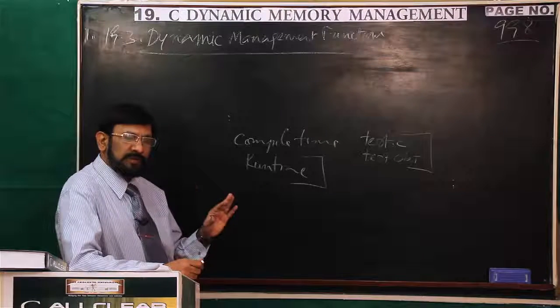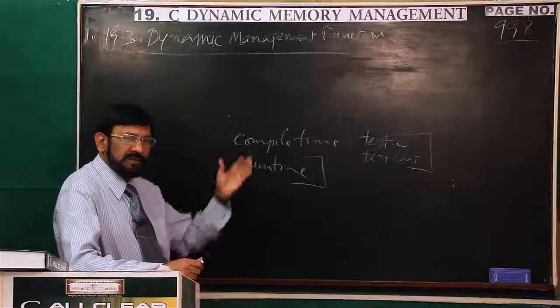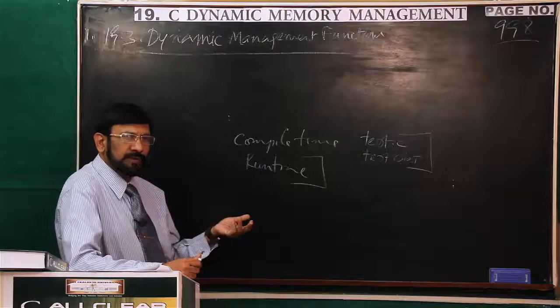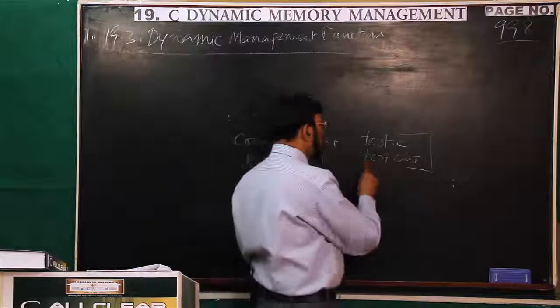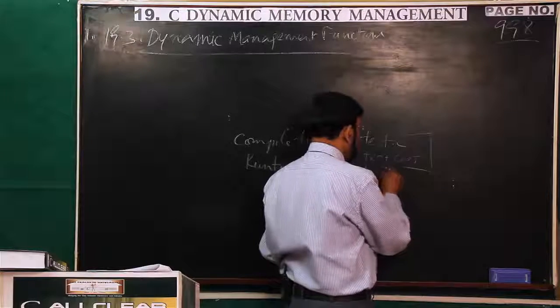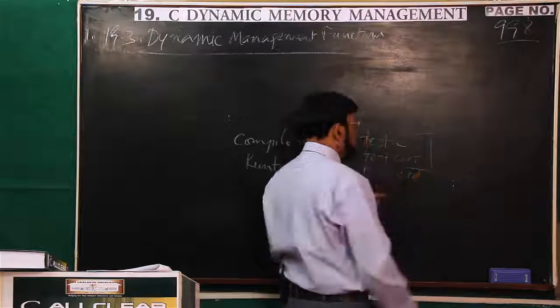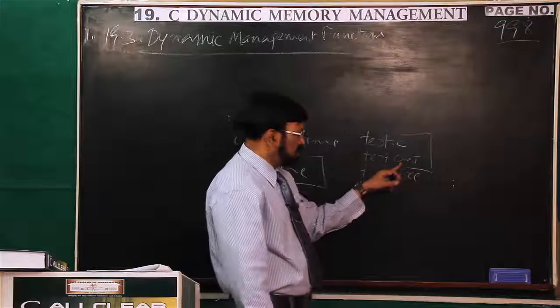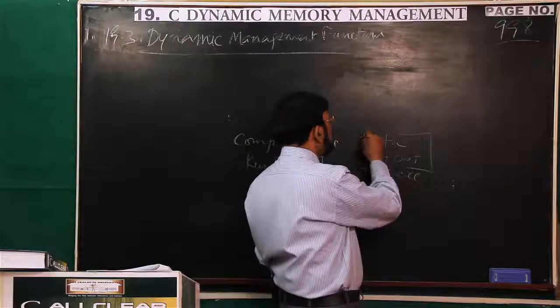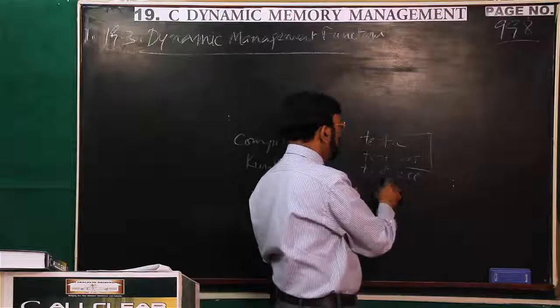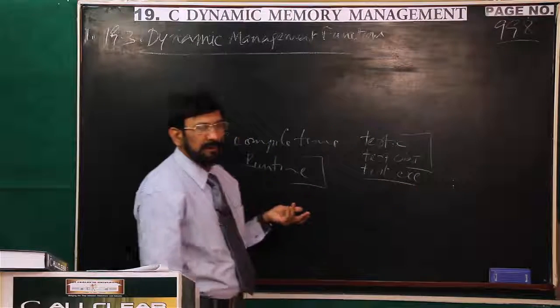Compile time is meant for translation of the source code into object code, and object code means ultimately exe code, because once the library is linked up, the object code is converted into exe code. That means this period, from test.c to test.exe, is the compile time.